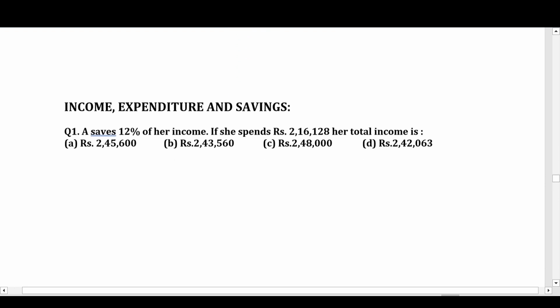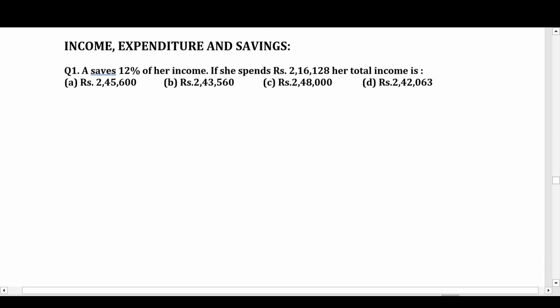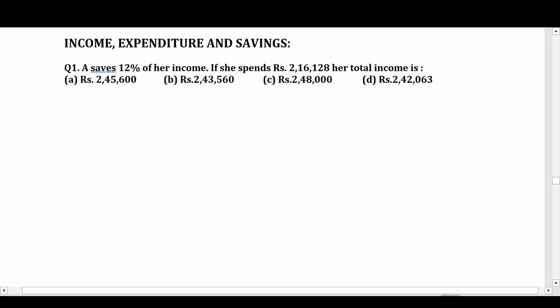Income, expenditure and savings is the next topic. First question: A saves 12% of her income. If she spends 2,16,128, her total income is?